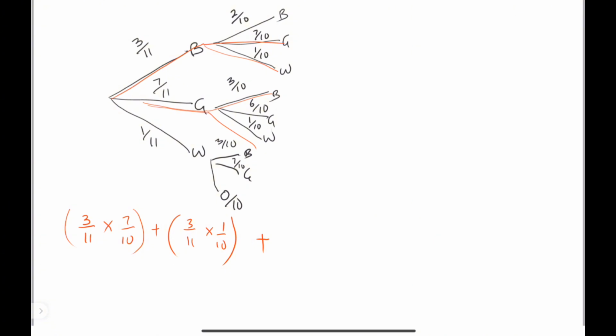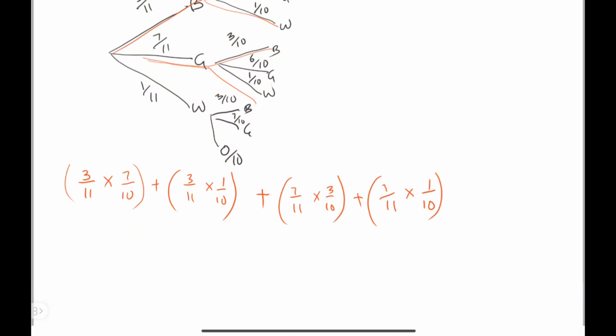which is the same thing as green blue is going to be 7 over 11 times 3 out of 10, then plus 7 over 11 times 1 out of 10. Then we have white blue and white green, which is 1 over 11 times 3 out of 10 plus 1 over 11 times 7 over 10.